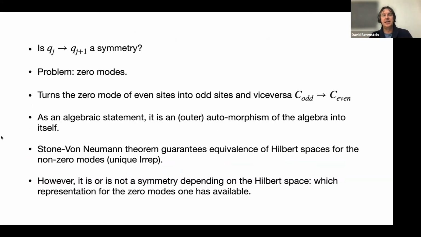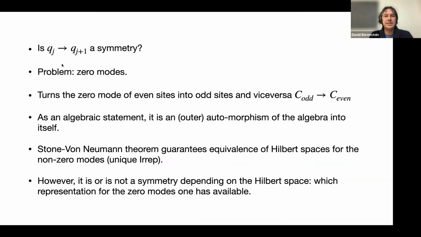Okay. So let's talk about translational symmetry, and the real question is: is the translation of Qj to Qj plus 1 a symmetry? I've been acting all along as if it is. I've been doing Fourier modes, and I've been trying to figure out what happens. And then the problem is at the level of zero modes.